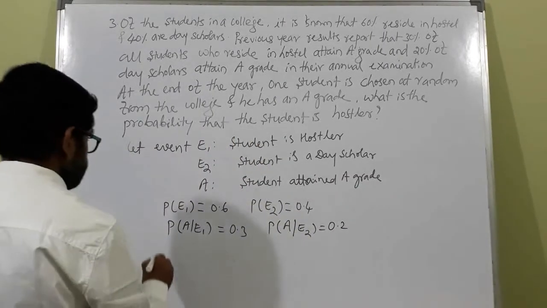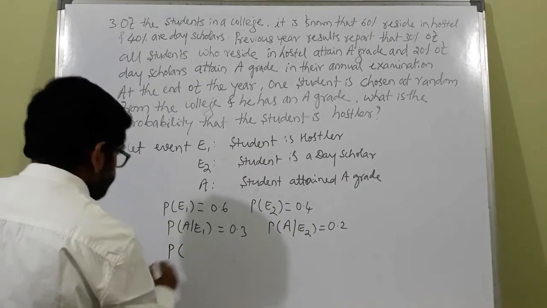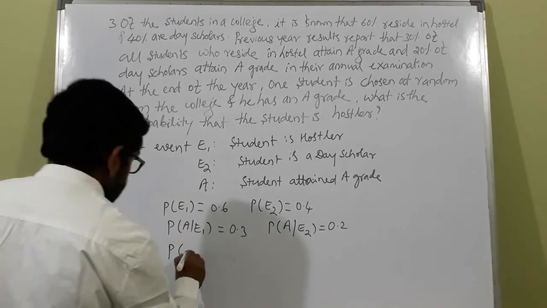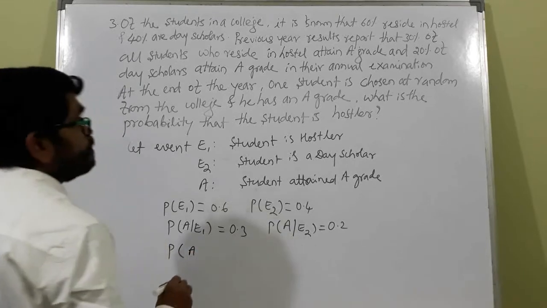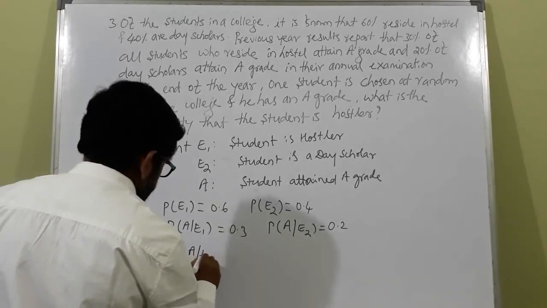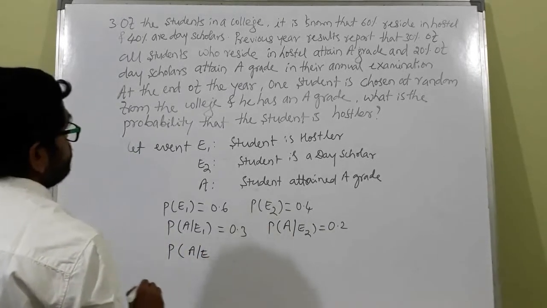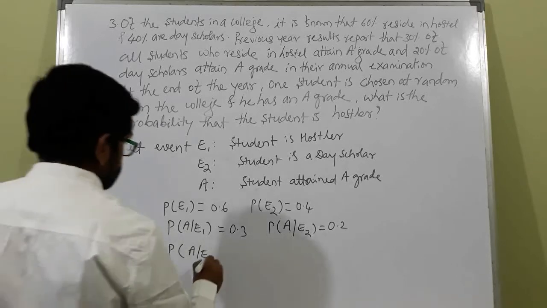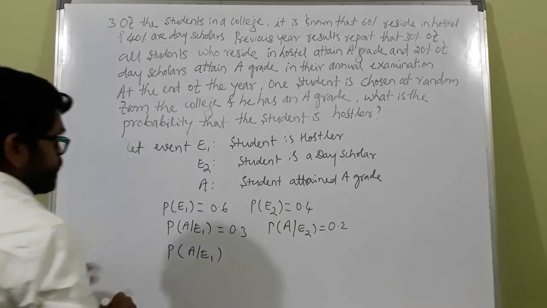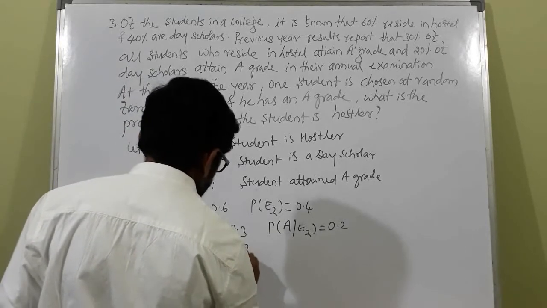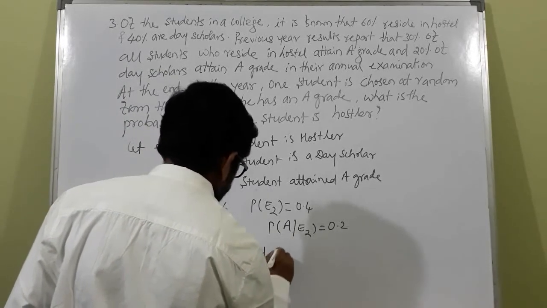What is asked is the probability that a student selected who attained A grade is a hosteler. It means this is the required probability.